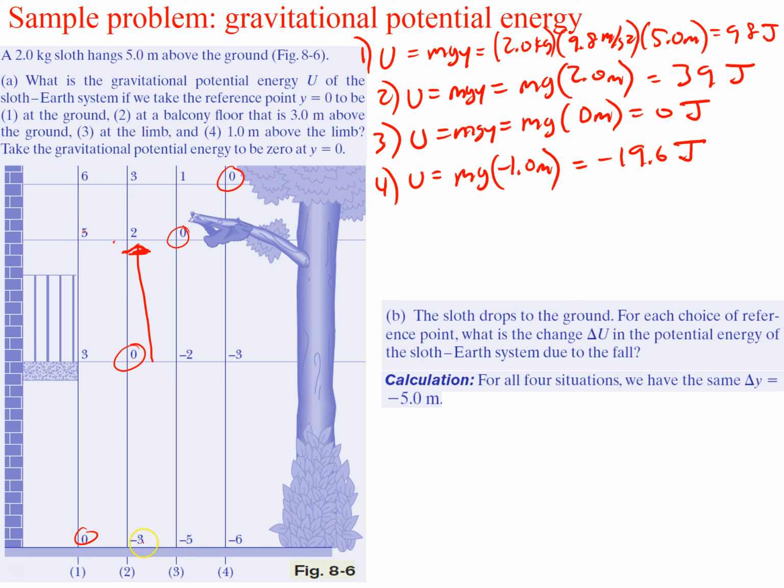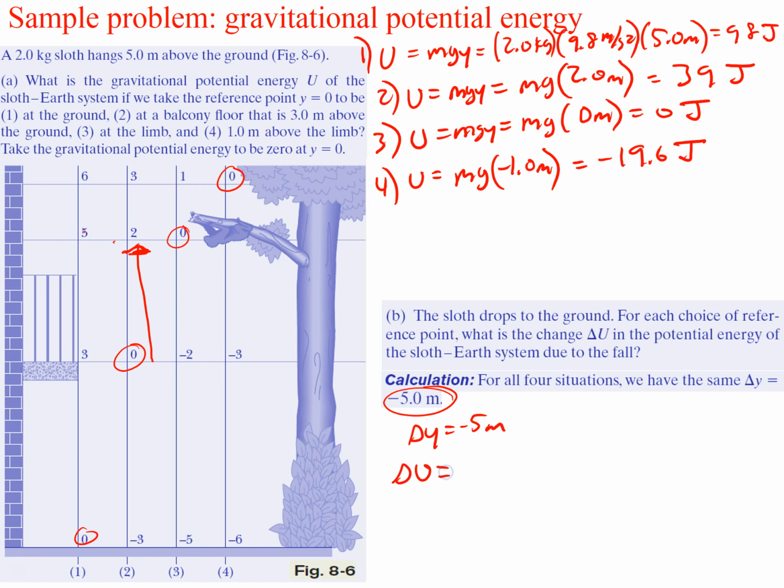From here, it's going to be negative 3 minus 2, that's negative 5. For here, it's negative 5 minus 0, again, negative 5. In this last condition, it's negative 6 minus negative 1. So that's also negative 5. So our change in y in each case is just going to be negative 5 meters.